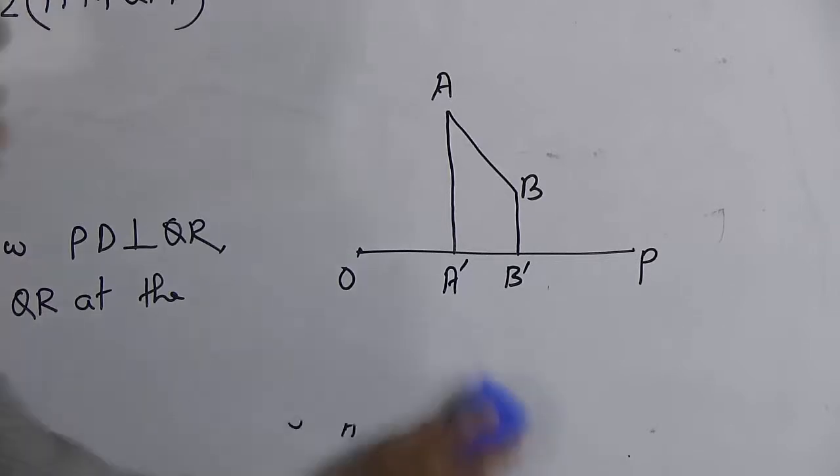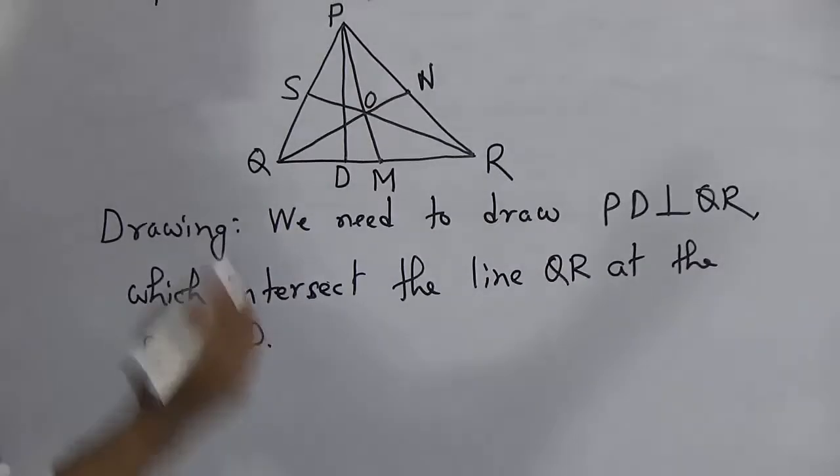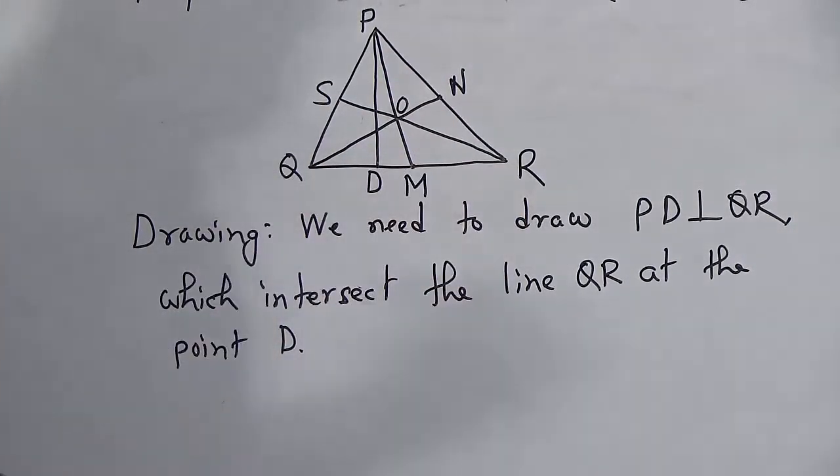Now, as the extension law of Pythagoras, we will have two equations. My dear students, suppose first of all PMR is a triangle, right?